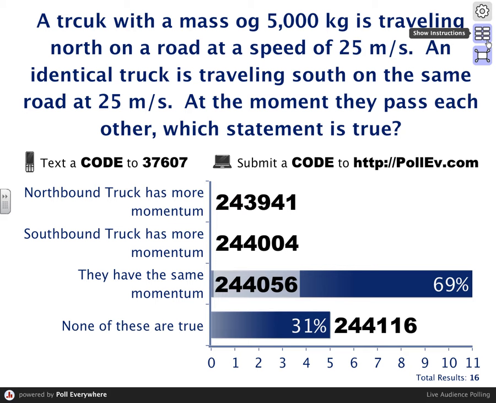So, they have the same magnitude of momentum, but because their directions are different, they have a different momentum. Tricky, but we have to keep that in mind, especially when we start looking at conservation of momentum, which we'll get into a little bit more tomorrow. Momentum is a vector, so it has direction. Good there? All right. Next question.